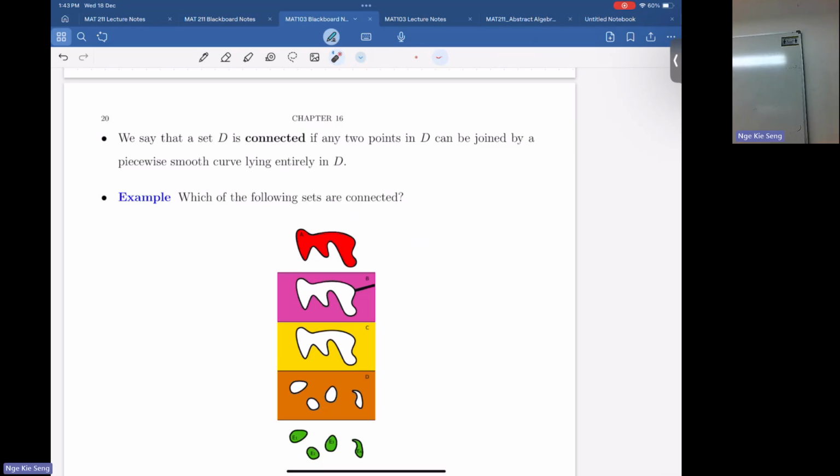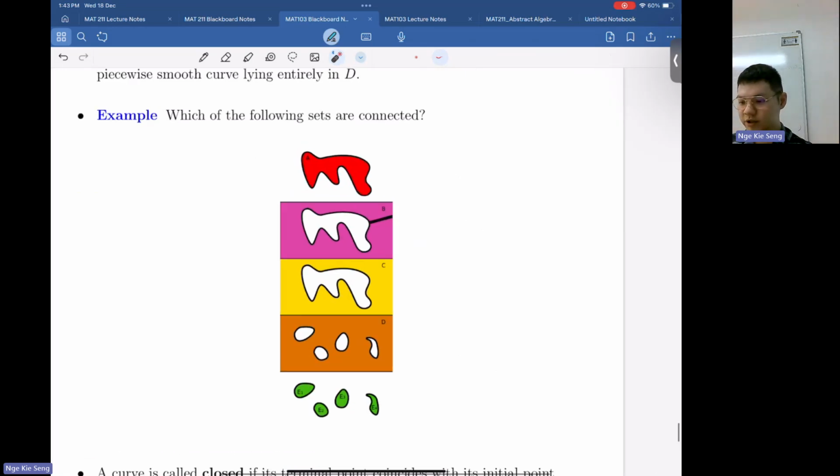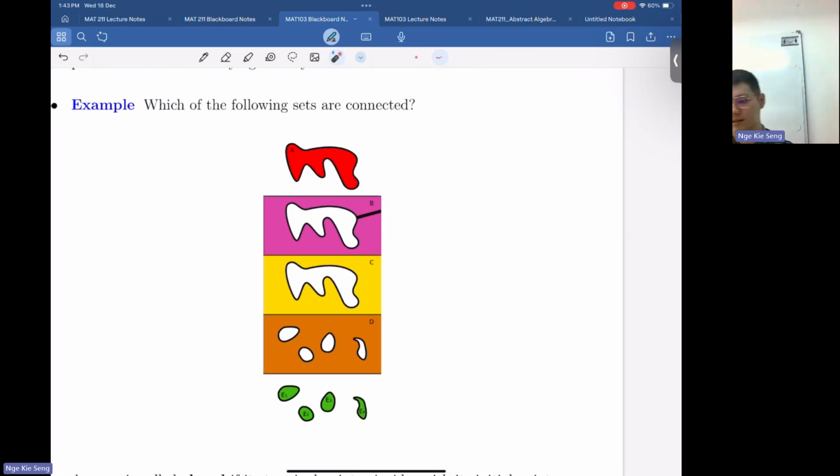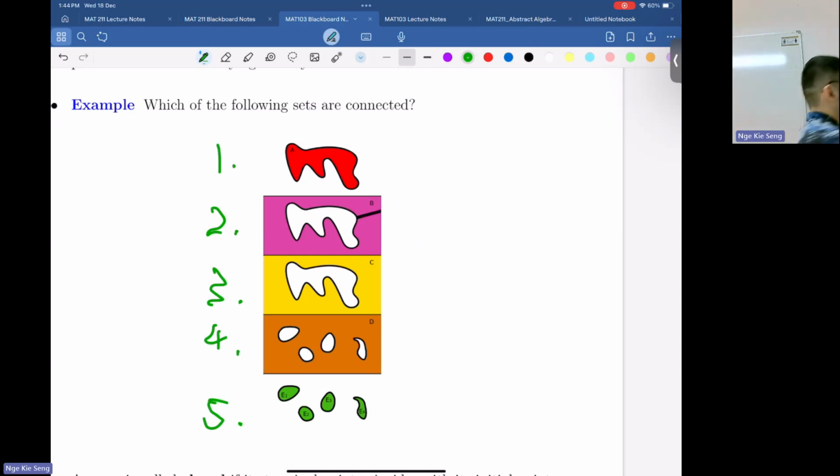Now we want to decide which of these sets are connected. Basically, there are five of them. Which one do you think is connected? Let's look at one first.